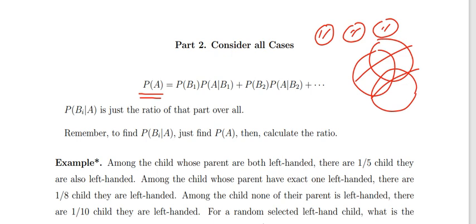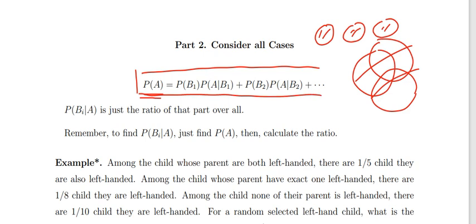So we have this formula. Just check this condition, this case, and under this condition, what is the probability? This formula we call the whole probability, or total probability formula, right?